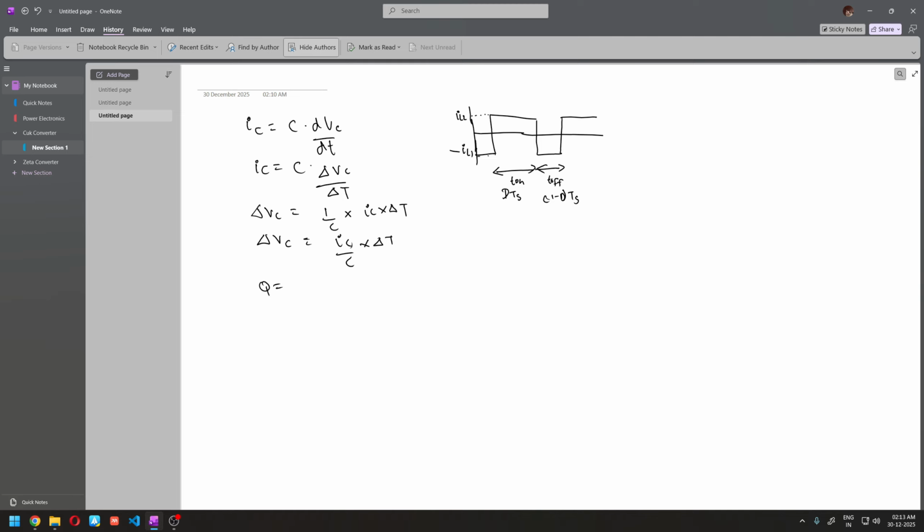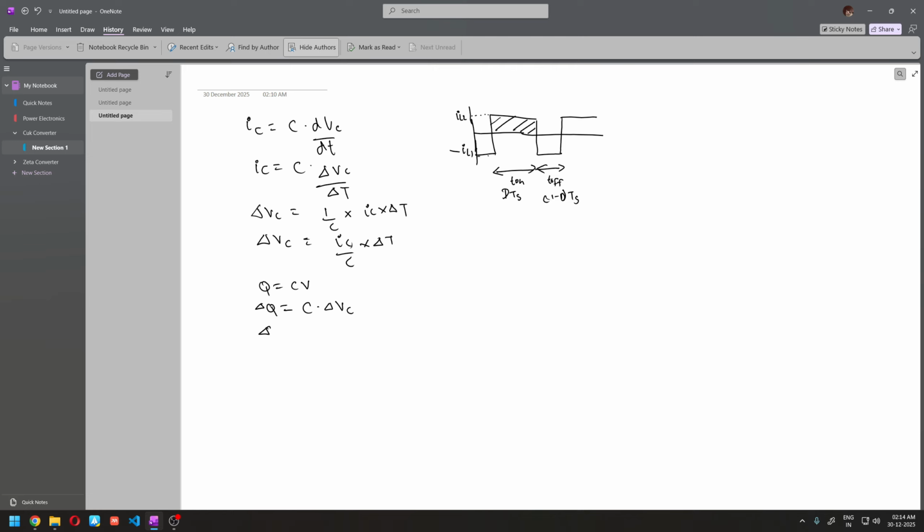We know that Q is equal to CV. That's another standard equation. So if we want to write for the change in charge, since we're looking at only one part of the cycle here, this one, the on one. So C, that remains constant, into delta VC.